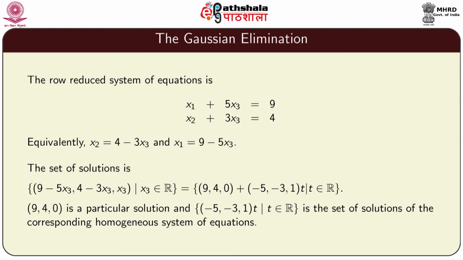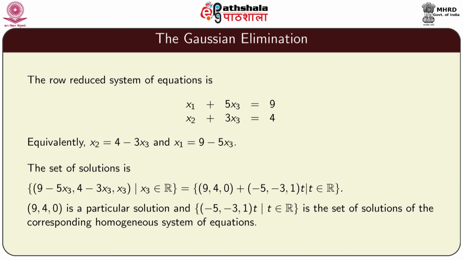And we can rewrite it as the tuple (9, 4, 0) plus the tuple (-5, -3, 1) times t, and again t is varying over the set of real numbers. So, that shows that we have infinitely many solutions.